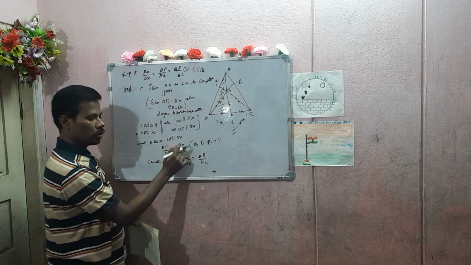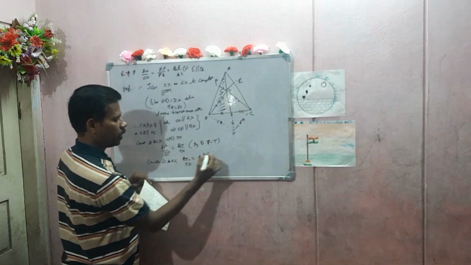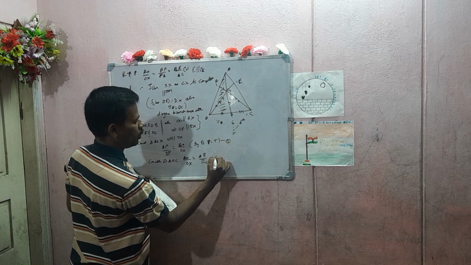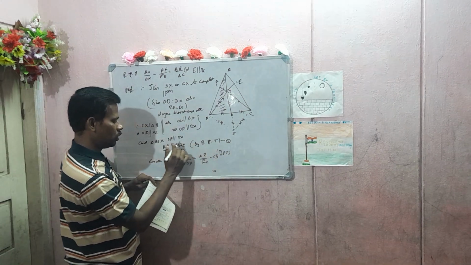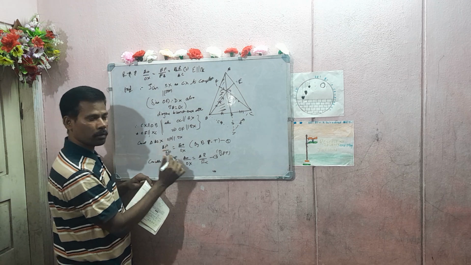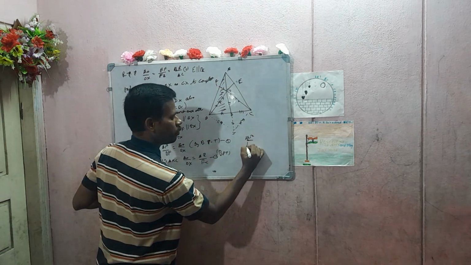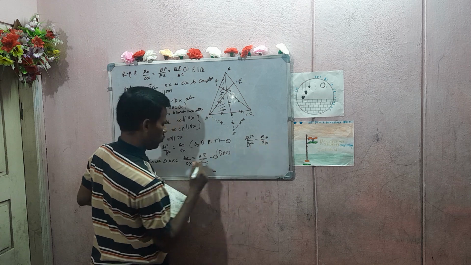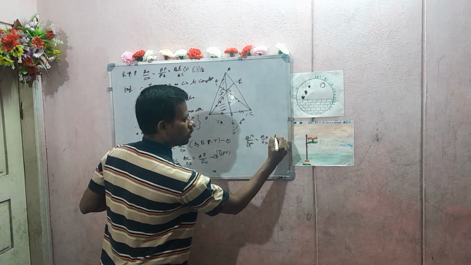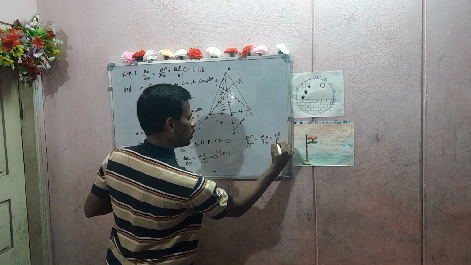So club these two, AF by FB from 1 and 2. It is also by BPT, the basic proportionality theorem. Now AF by BF is equal to AO by OX. But AO by OX is equal to AE by EC.